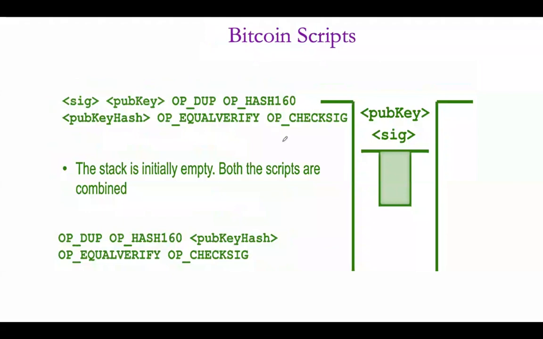Then the next operation is to duplicate the top of the stack. What is the top of the stack now? The public key. So now use this public key to create the coins. This public key will be used for the hashing purpose. One more copy is pushed into the stack.